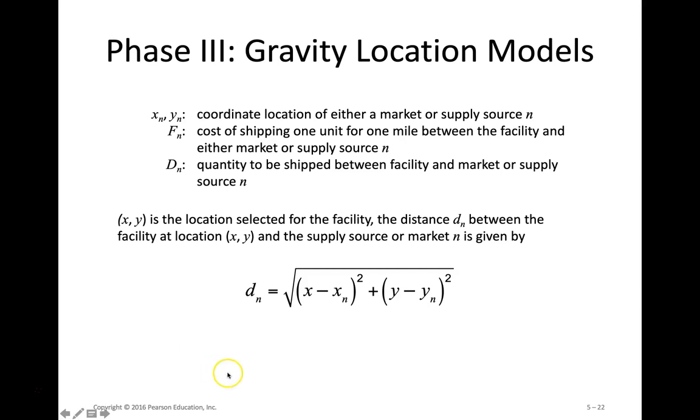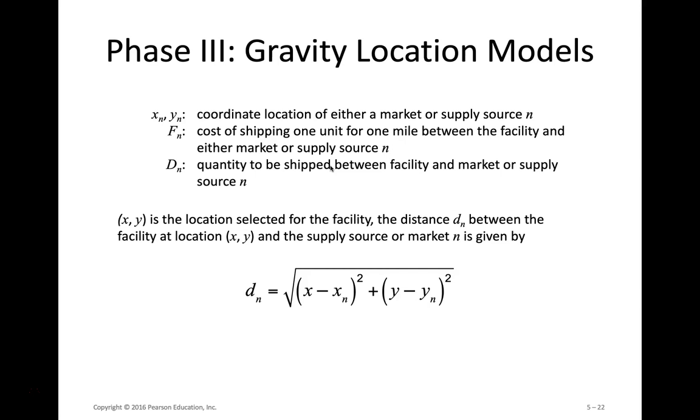We find the distance using the coordinate geometry distance formula: the difference between the x coordinates squared plus the difference between the y coordinates squared, under a square root. Using the distance, we find the total cost of shipping, and we minimize that total cost. That's what this model is going to be like.